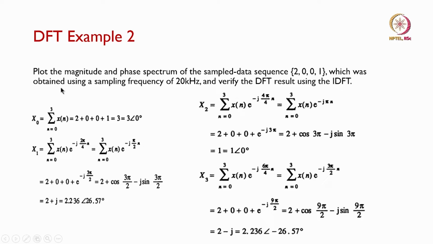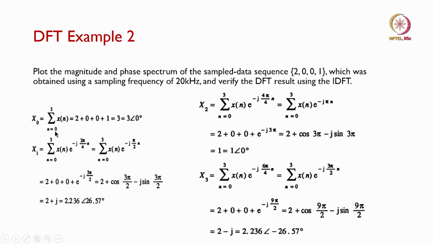It was obtained using a sampling frequency of 20 kilohertz, and we verify the DFT result using the IDFT also. Whatever DFT values we have got, how do we verify them? We have to do the IDFT and get back the signal. Because it is a small value, we have taken 4 points. So we will calculate our X(0) first.